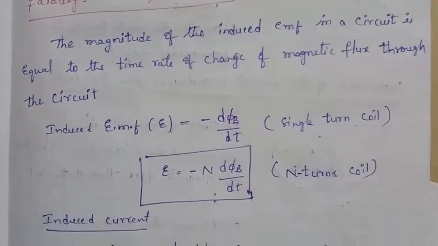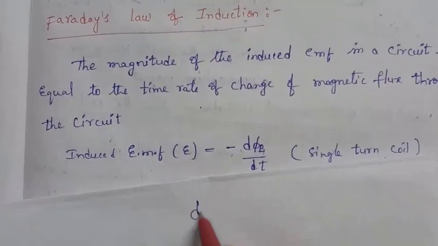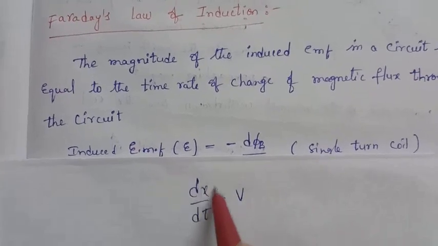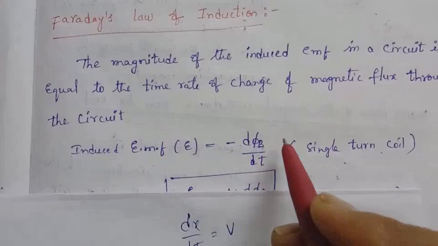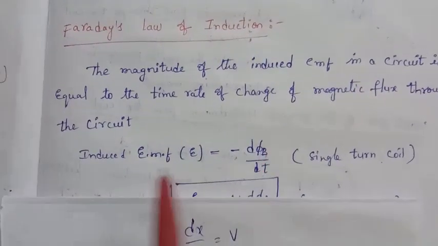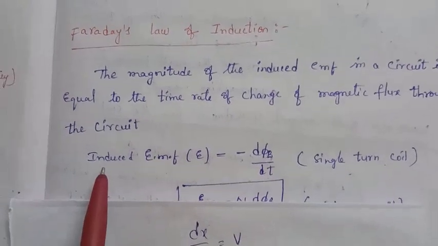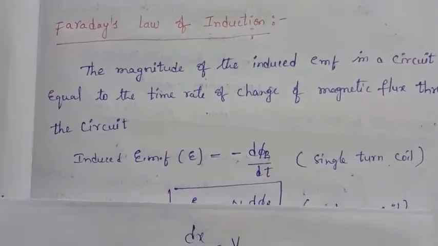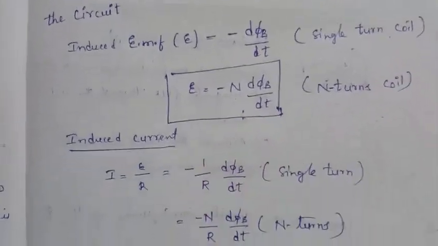Similarly, you already have the formula dx by dt, which is nothing but velocity; a change of position gives velocity. If there is a change of magnetic flux through any closed coil, that is responsible for the induced EMF. So induced EMF is directly proportional to the change of magnetic flux, in the case of a single turn and in the case of n turns.